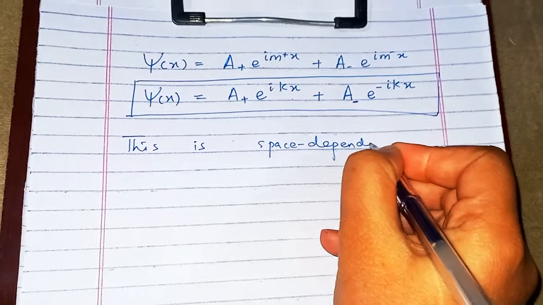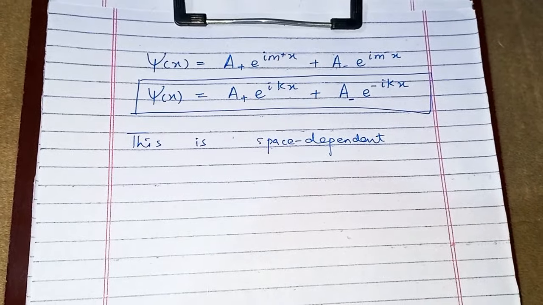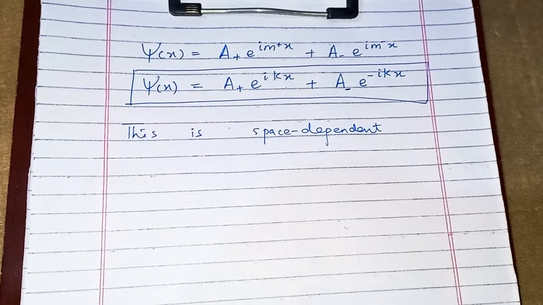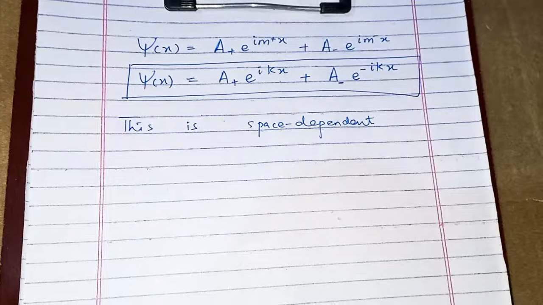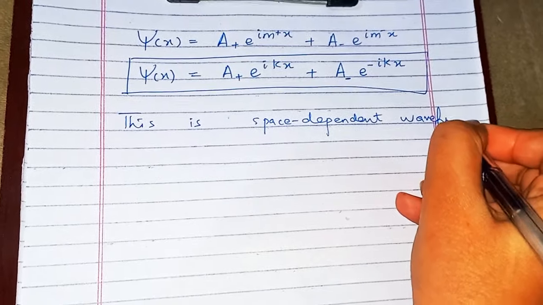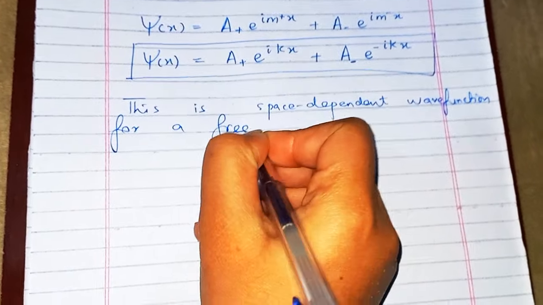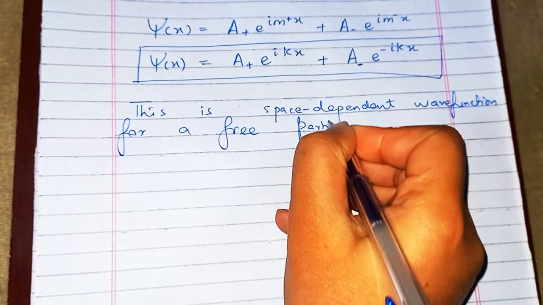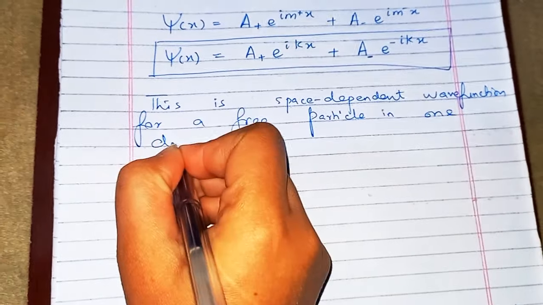In quantum mechanics, space dependent means that it is depending upon x, y, and z variables, while time dependent means that it is depending upon time. So this is the space dependent wave function for a free particle in one dimension.